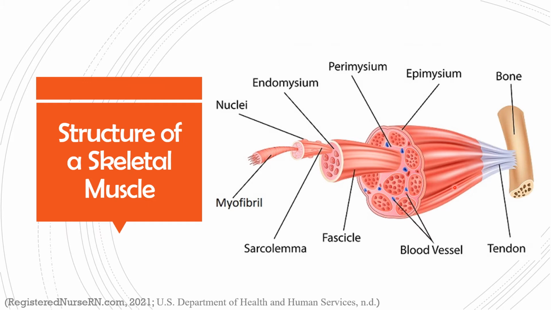So we're starting out here on the outermost layer of this muscle bundle, and think of that as your most outer nesting doll. Epimysium has the prefix epi, which means upon or over or outer, and mys means muscle in Greek. Therefore, epimysium just means the layer of connective tissue that is over or on top of the entire muscle organ. That is the shiny outer covering that you see here.